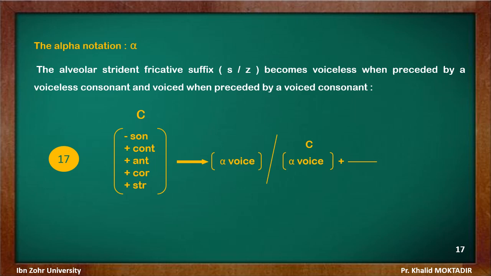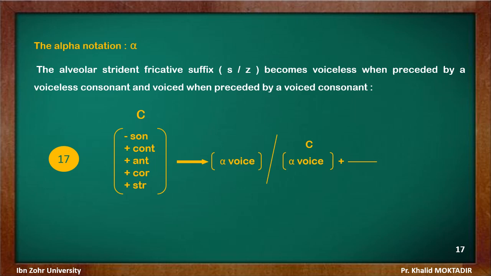So we'll take another example. The alveolar strident fricative suffix s, z becomes voiceless when preceded by a voiceless consonant and voiced when preceded by a voiced consonant. We'll represent this rule like this. Minus sonorant.